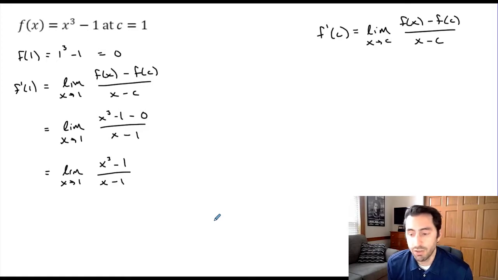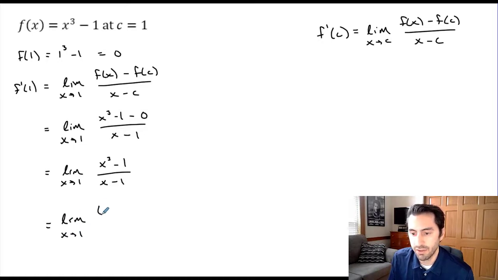So taking a look, we can't just substitute in 1. If we substitute in 1, we'll end up with an indeterminate form, 0 over 0. So let's try and simplify our expression. In the numerator, this is the difference of perfect cubes. And that is something that we can factor. So we have the limit as x approaches 1.